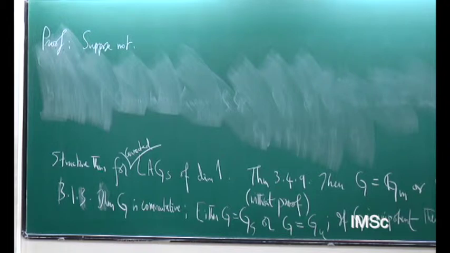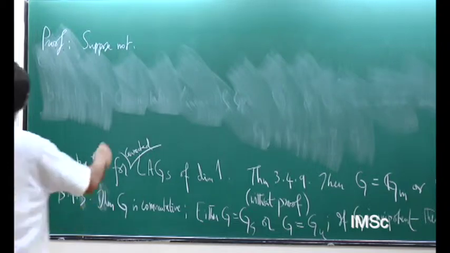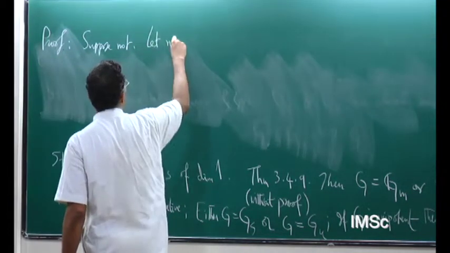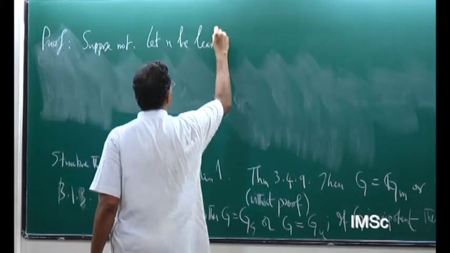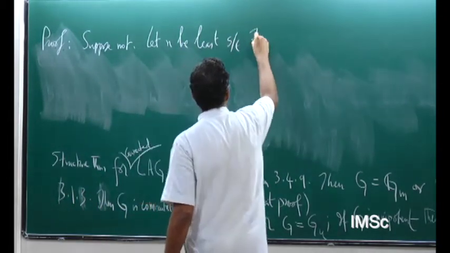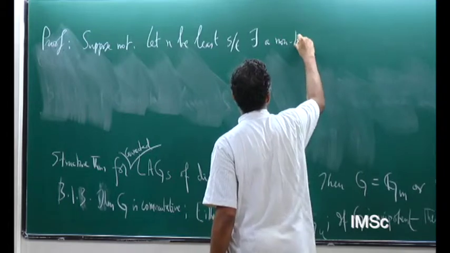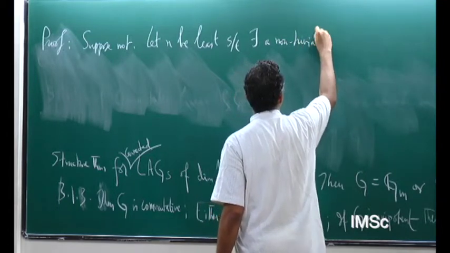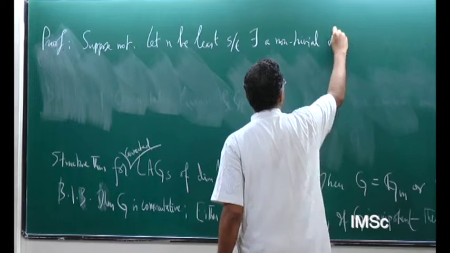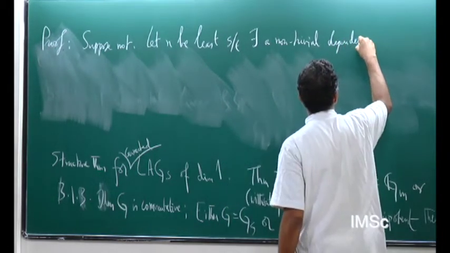So the natural thing to do is let n be the least value for which you can find n characters among which there is a non-trivial dependence relation. So let n be least such that there exists a non-trivial dependence relation.